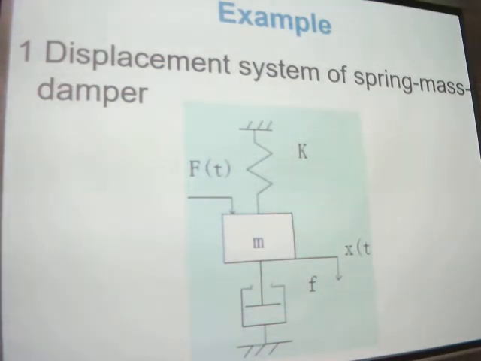So for this mass, there are four forces on it, two are up, and the other two are down.